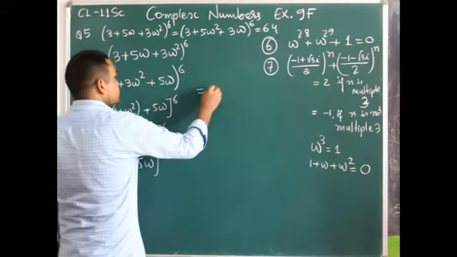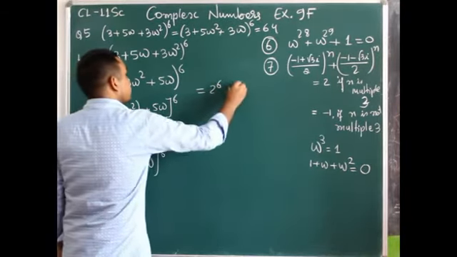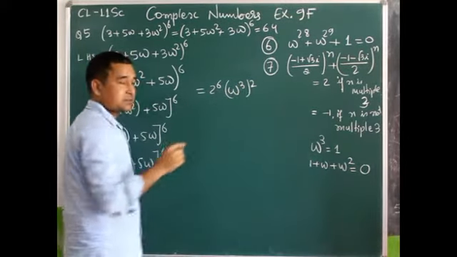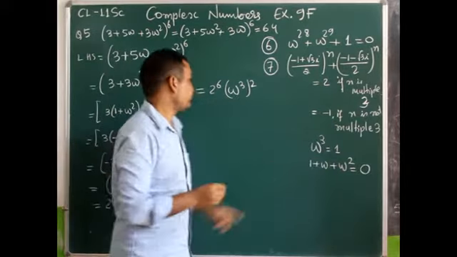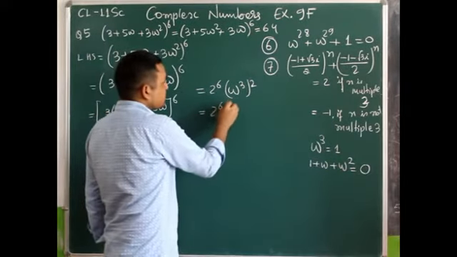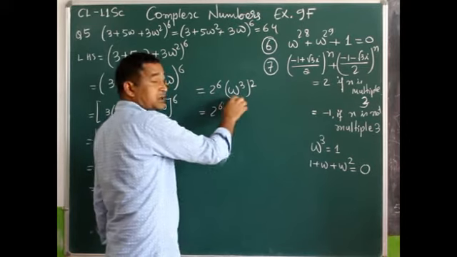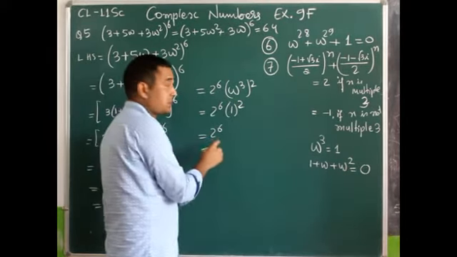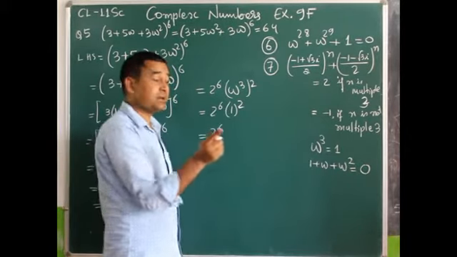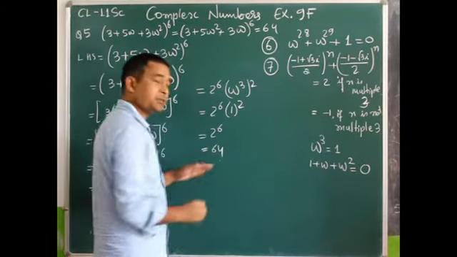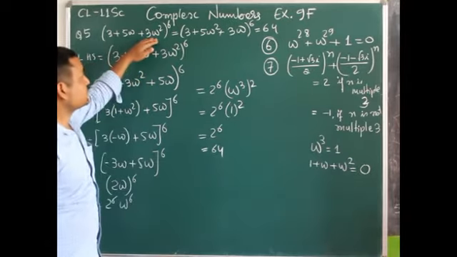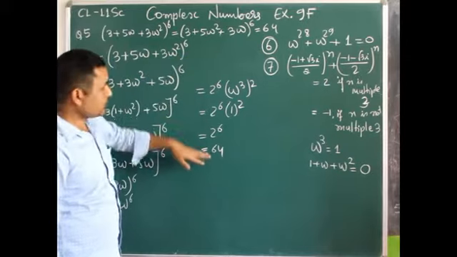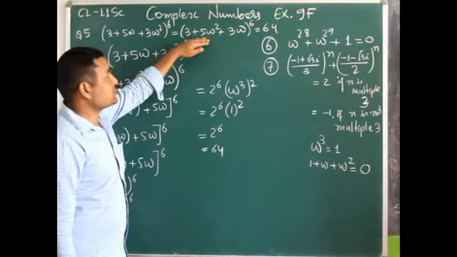This equals 2 to the power 6, omega cube whole square, and omega cube is 1, so this is 2 to the power 6, which is 64. 2 multiplied 6 times is 64. The question asks to check whether this answer is 64 or not, and we got 64.